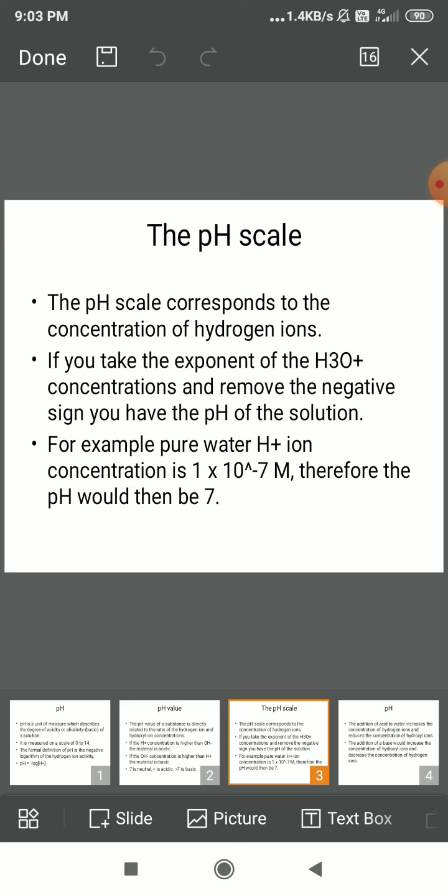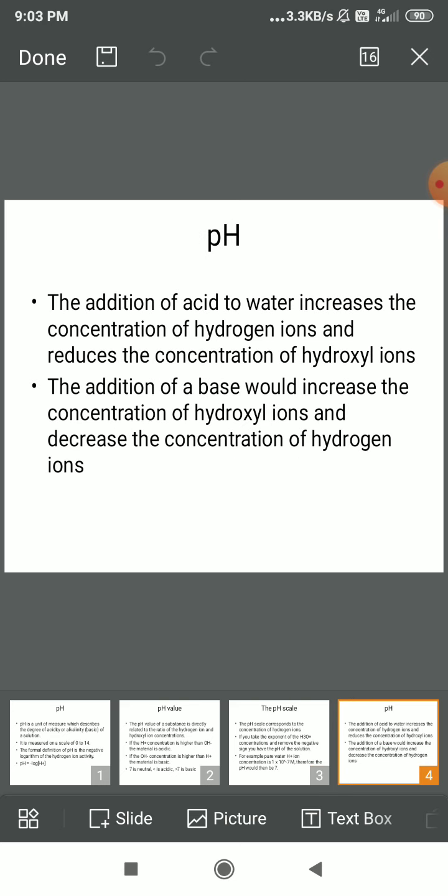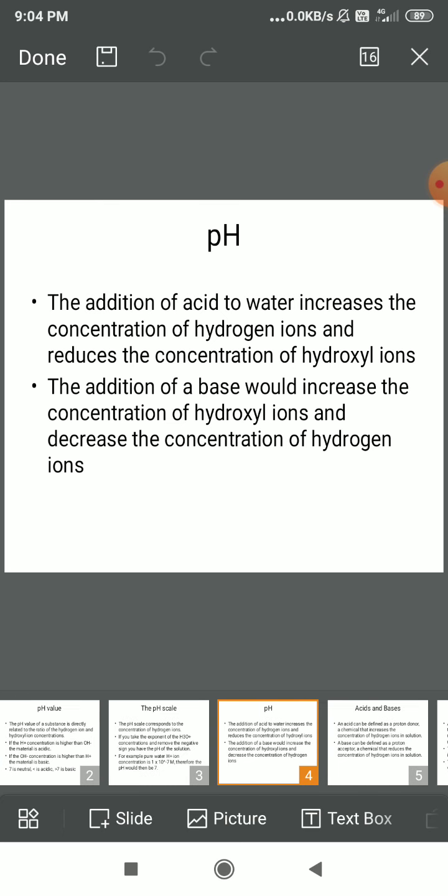Therefore, the pH would be 7. The addition of acid to water increases the concentration of hydrogen ion and reduces the concentration of hydroxyl ion. The addition of base would increase the concentration of hydroxyl ion and decrease the concentration of hydrogen ion.